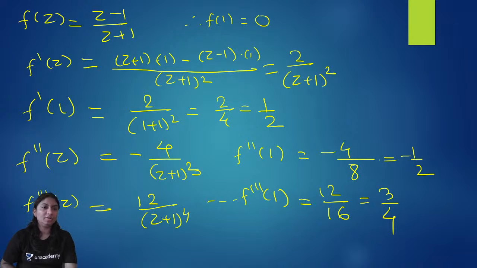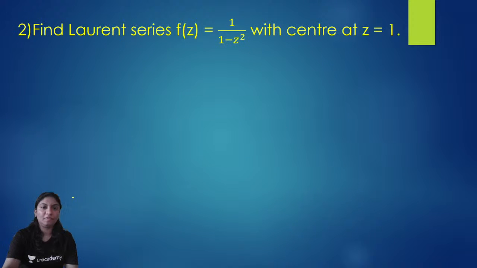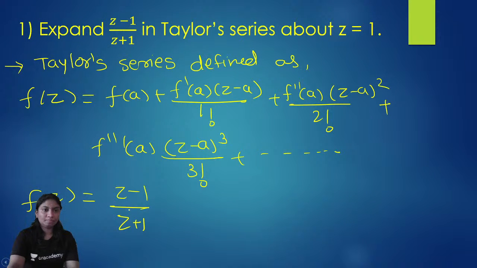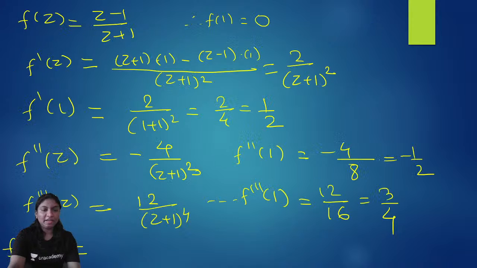Just put all the values into the series. This will give f of z is equal to f of a, f of a is 0, so that is 0. And then f dash of a upon 1 factorial into z minus a, so z minus 1, and f dash of a is 1 by 2, so z minus 1 by 2.